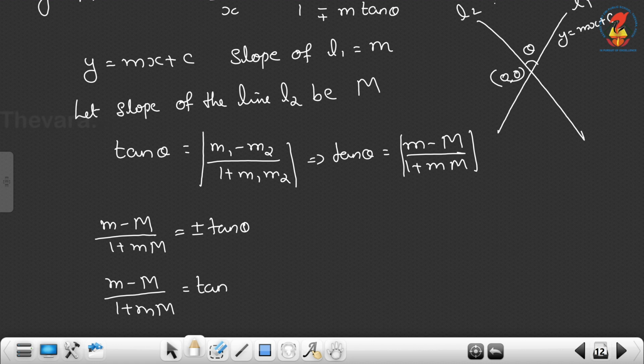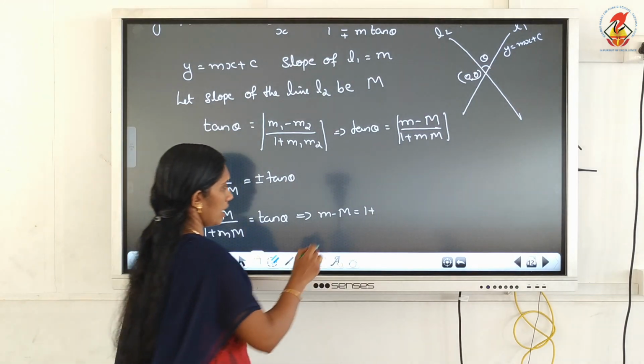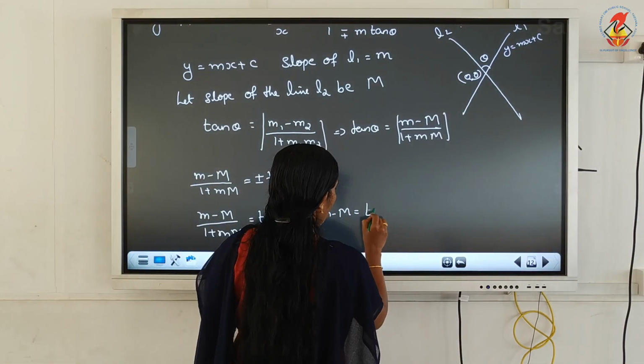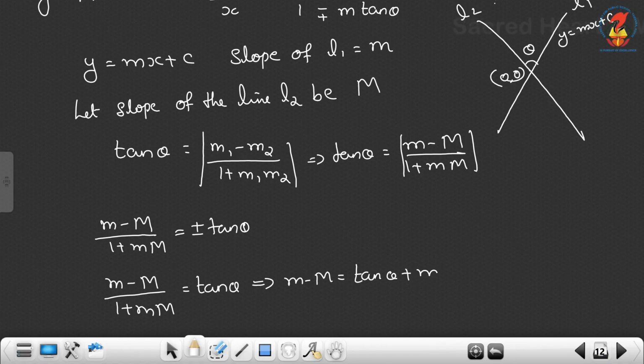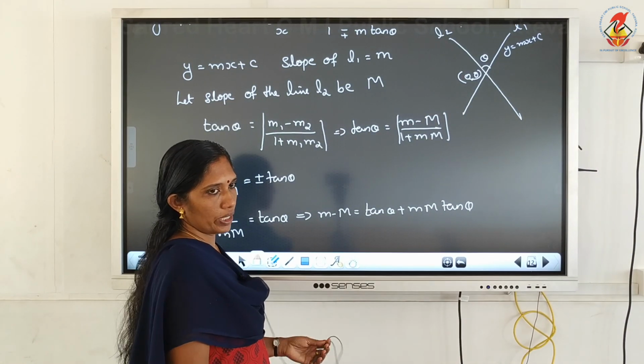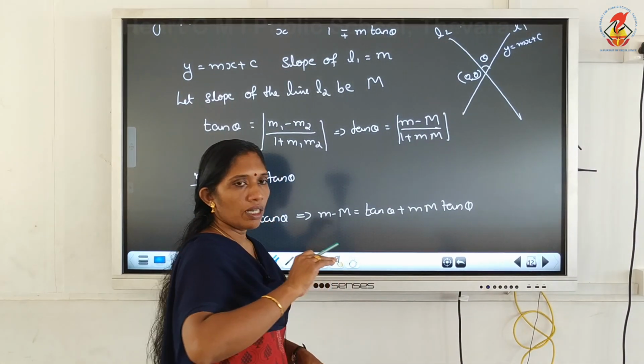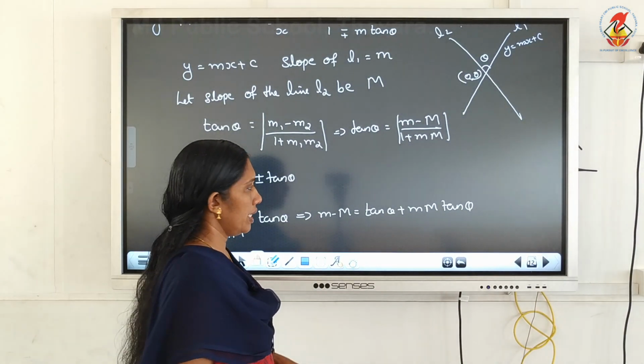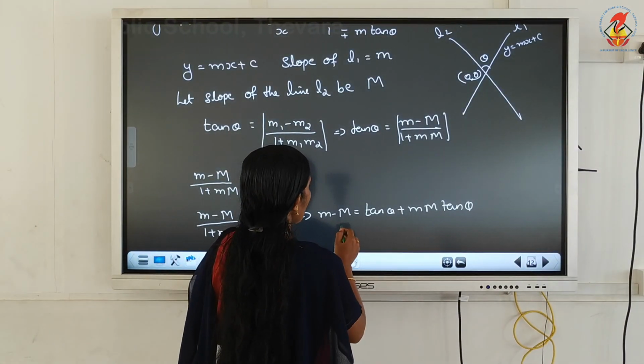Plus tan theta. This implies m minus M is equal to (1 plus mM) into tan theta, or cross multiplying, tan theta plus mM tan theta. And what we have to find from here is capital M. Small m is the slope of the given equation, capital M is the slope of the required line. So how do we write capital M?